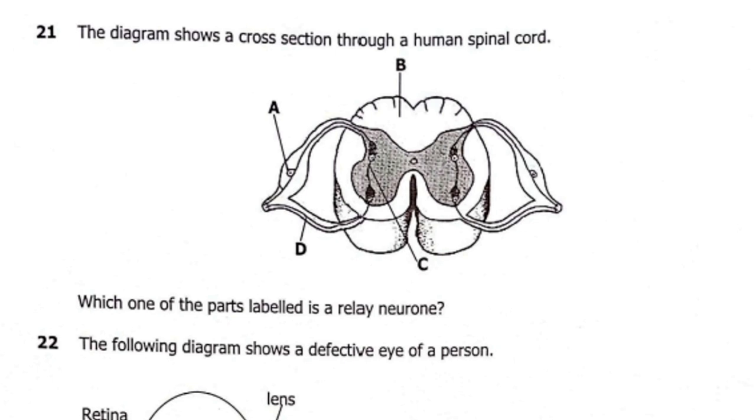Question 21. The diagram shows a cross-section through a human spinal cord. Which one of the parts labeled is a relay neuron? The correct answer here is C. The relay neuron will be found between the motor neuron and the sensory neuron in the spinal cord.